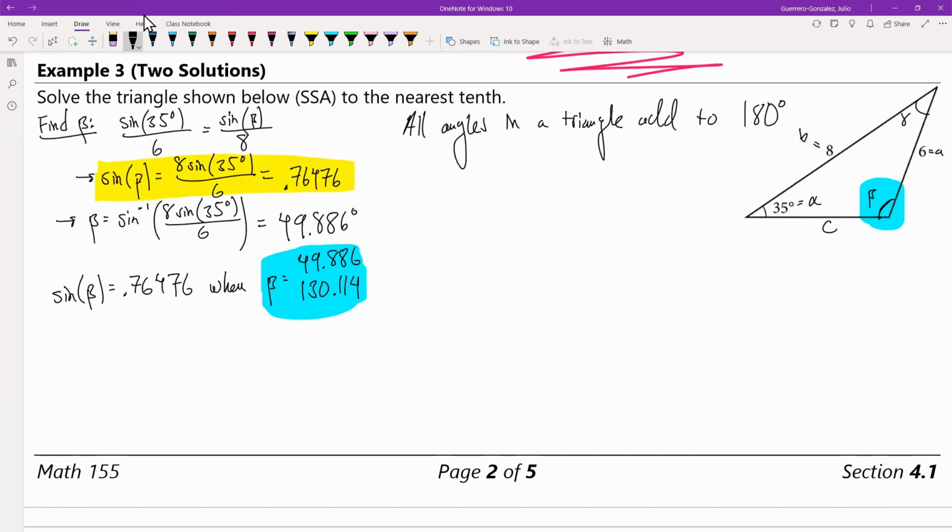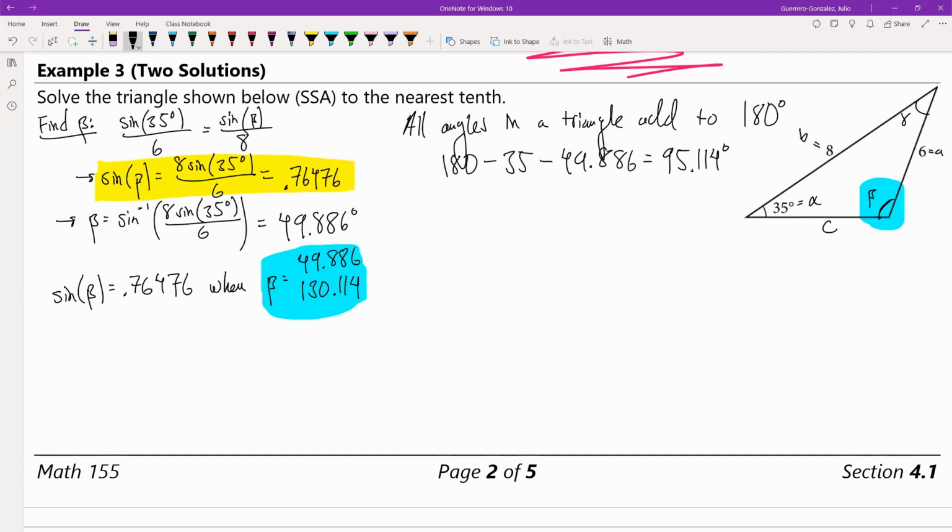All the angles in a triangle should add up to 180, right? So I'm going to do this: 180 degrees minus the 35 degrees that we have for one of these angles already, minus 49.886. This gets us 95.114 degrees.